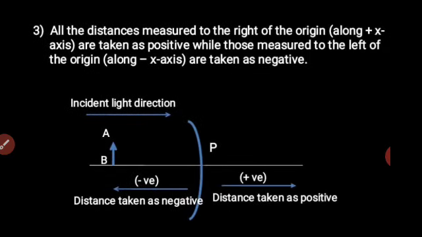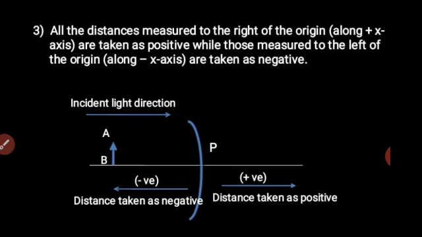Third point, all the distances measured to the right of the origin, that is along positive x-axis, are taken as positive, while those measured to the left of the origin, that is along the negative x-axis, are taken as negative. To understand what it means, look at the diagram given.